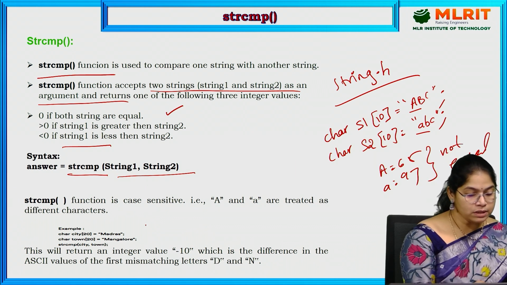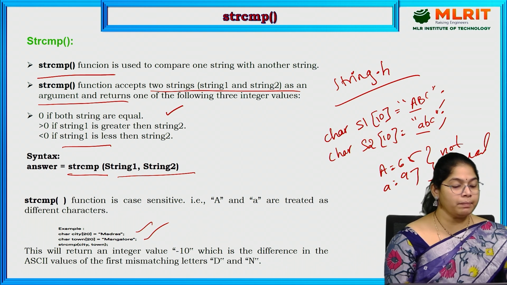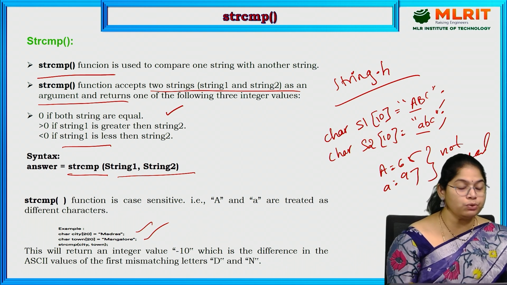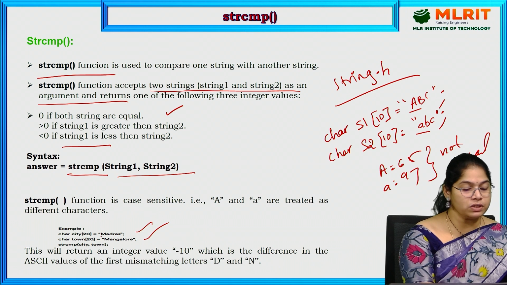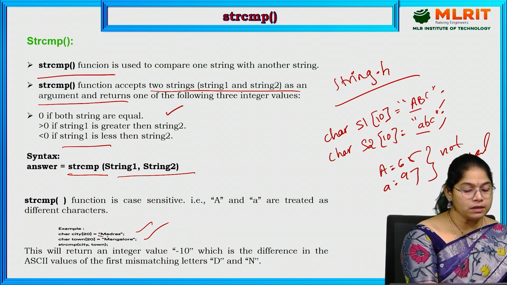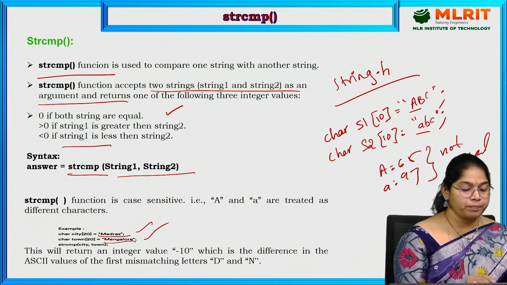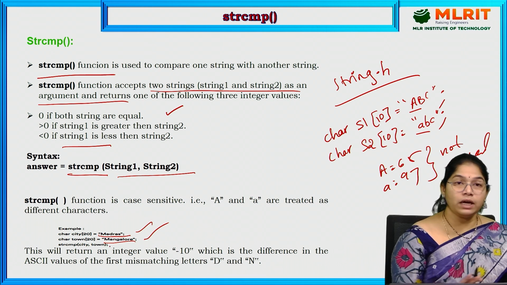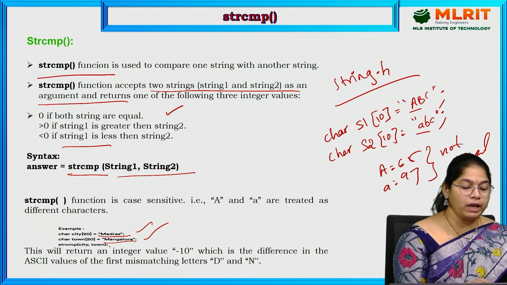So in this example, I am comparing two strings using strcmp function. In the first string the value is Madras and the second string value is Mangalore. So M both are equal because the ASCII values of those two are equal.